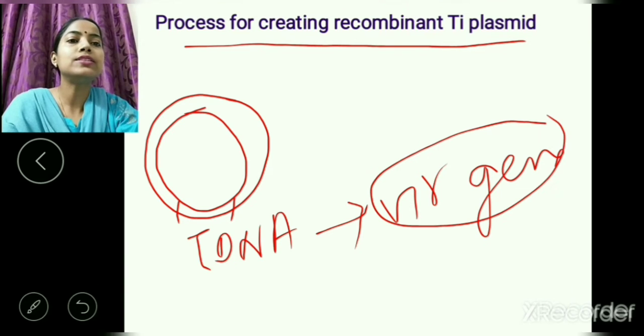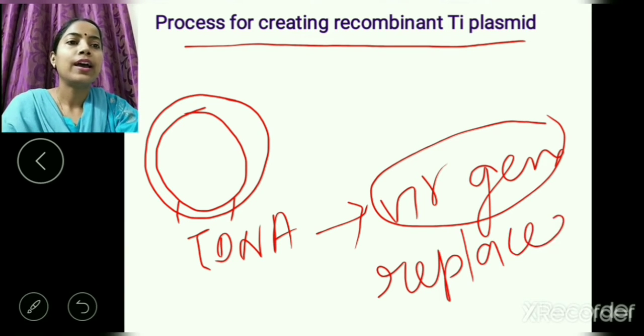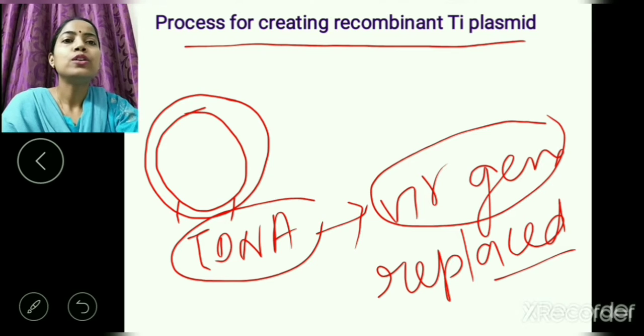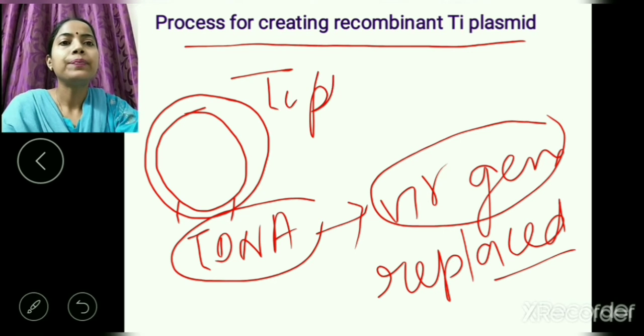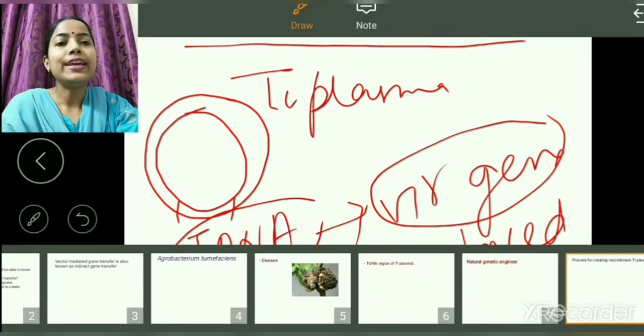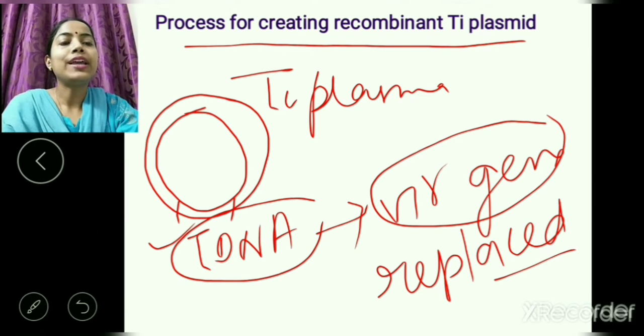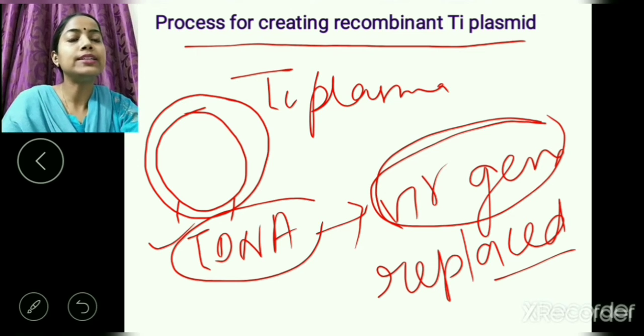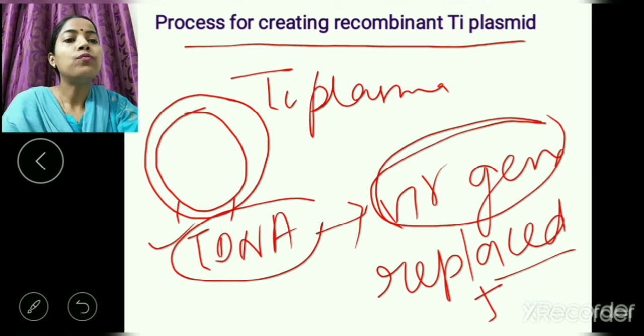This gene is replaced with the foreign gene, and the rest of the process to transfer our foreign gene will be done by the tDNA. So this is the Ti plasmid, with the tDNA region, where the tDNA region is replaced, not wholly, but the part called Vir genes or virulent genes is replaced by the foreign gene.